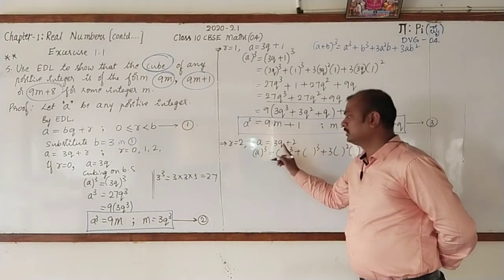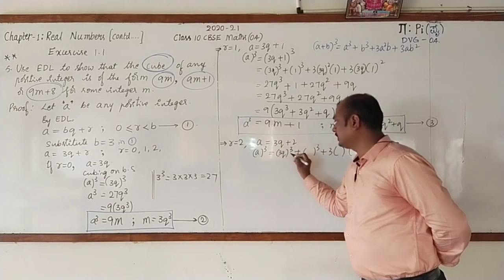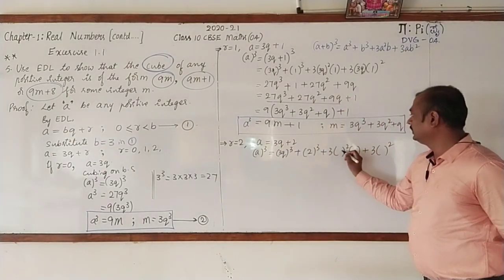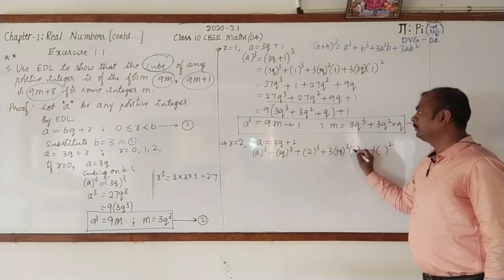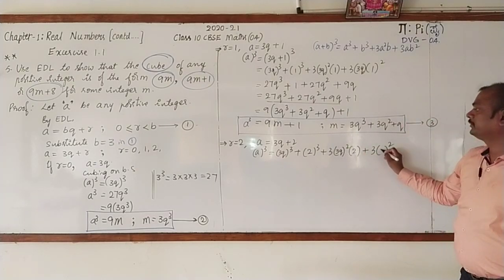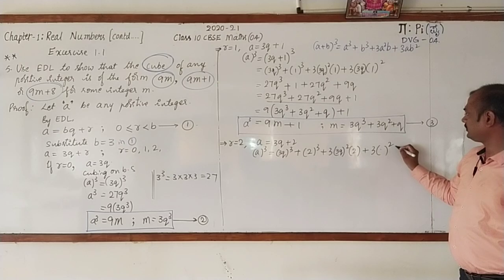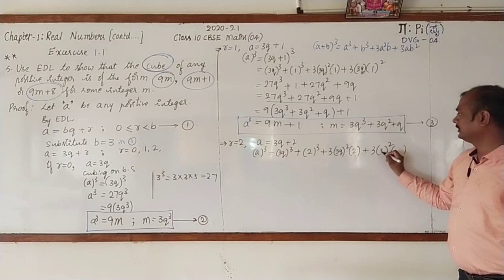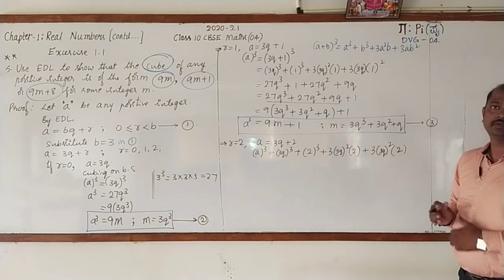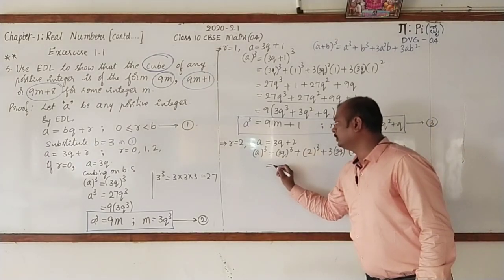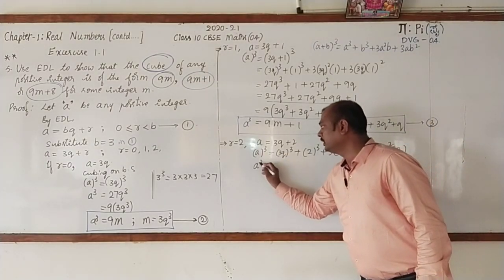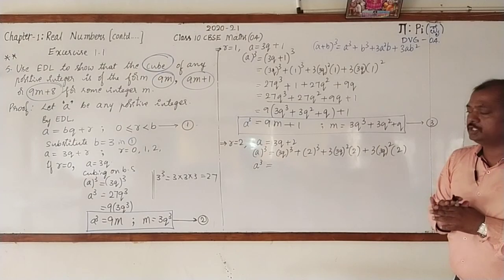Now, what is a? It is 3q. b, 2. a, 3q. b, 2. Then a square b. a is 3q, b is 2. It is equal to, what is a cube? a whole cube is just a cube.